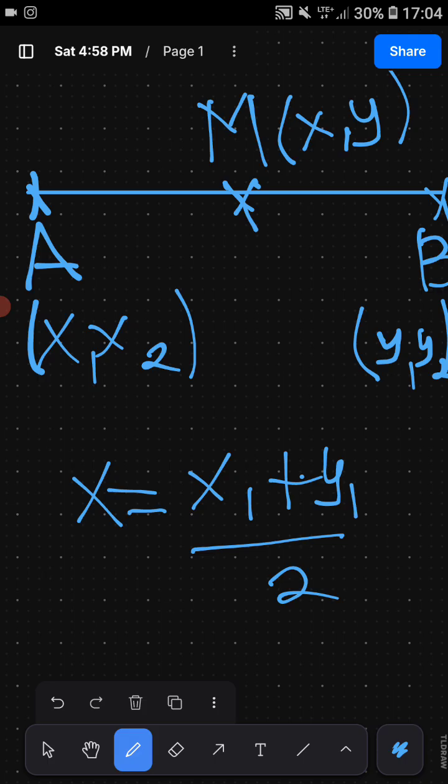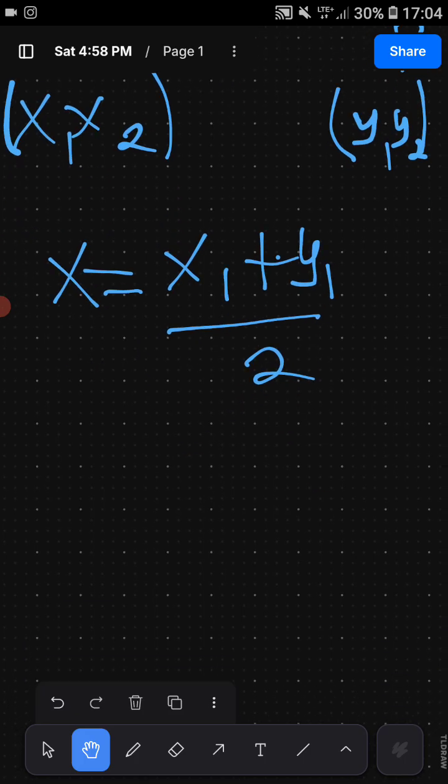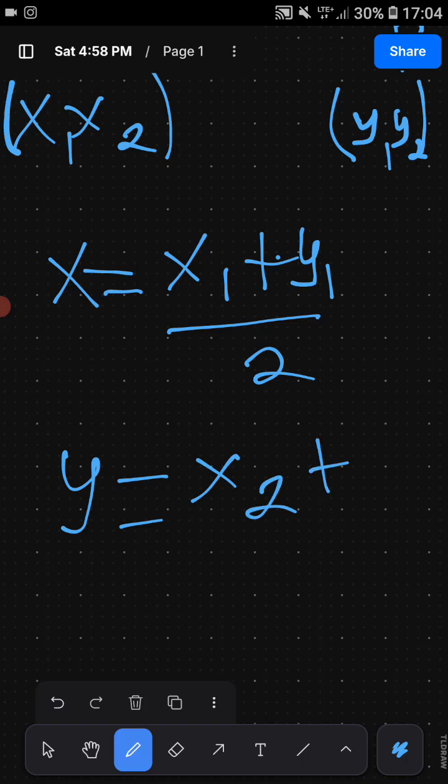Okay, and do a similar thing for y, and so we have y is equal to y1 plus y2 on 2. Okay, so this is how you can get the coordinates of a point which is halfway between 2 points.